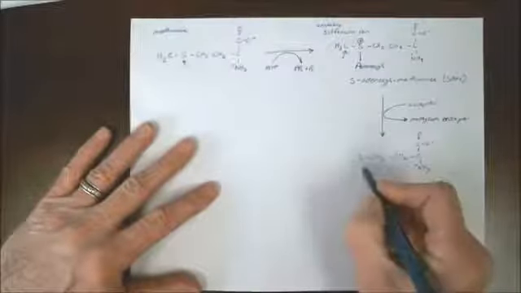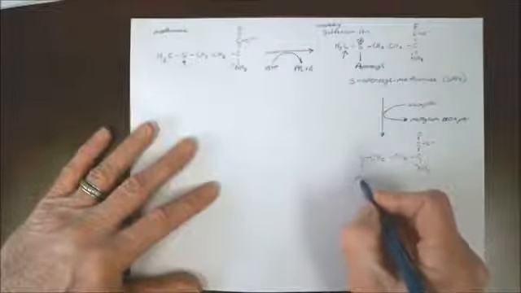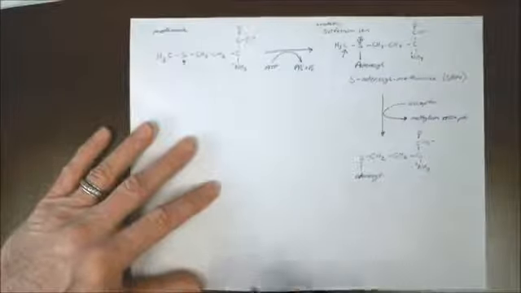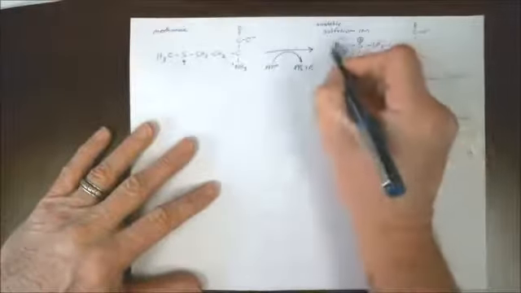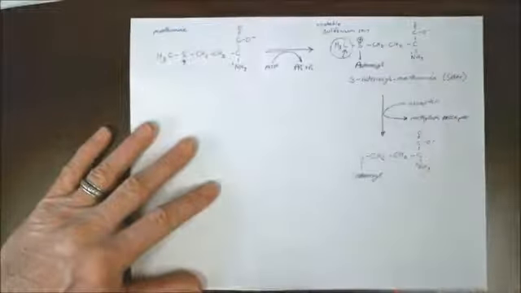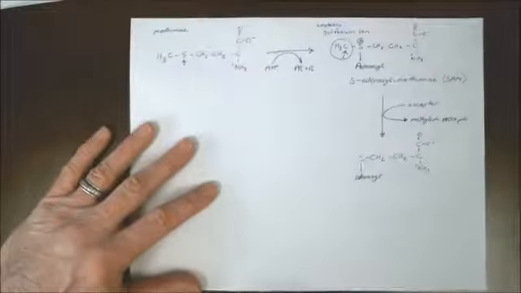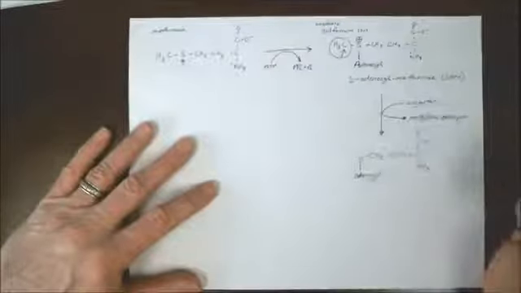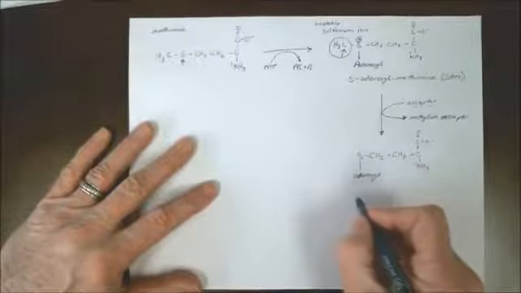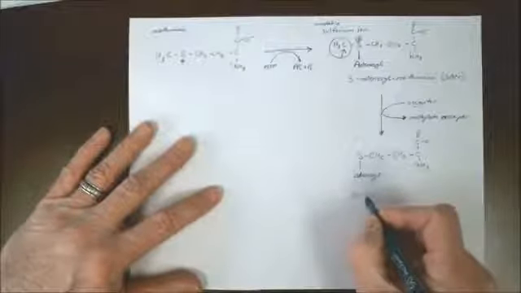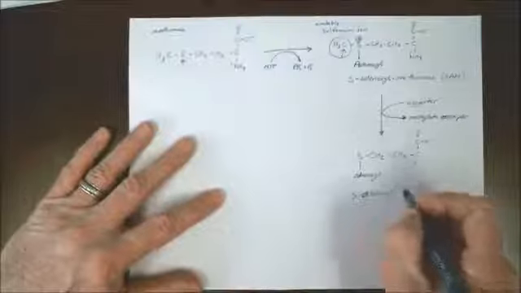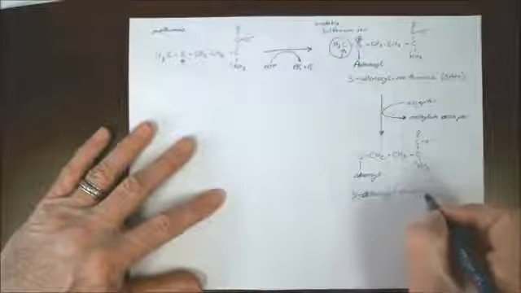This structure, notice, has the adenosyl group remaining on the sulfur, but the methyl group is gone. And that methyl group is the carbon donor that has been added to the methyl acceptor. This structure here is called S-adenosyl homocysteine.